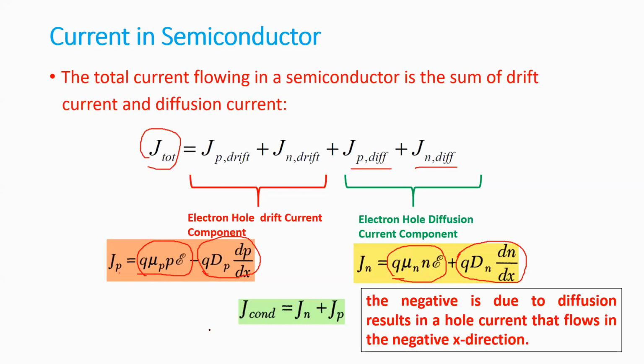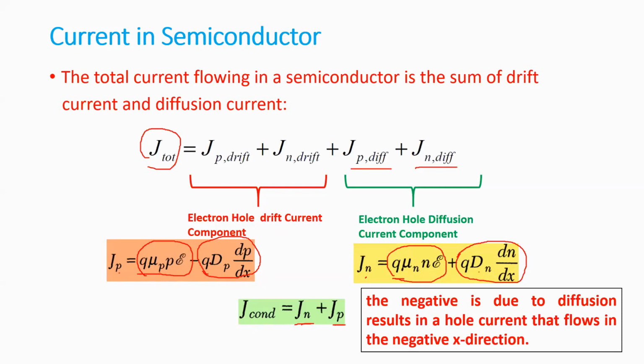So combining these components, we end up with the overall current. Overall current is due to holes and electrons, and your holes are due to drift and due to diffusion. Your electrons are due to diffusion and due to drift. So you add up, you get a single equation. This single equation is giving you this.